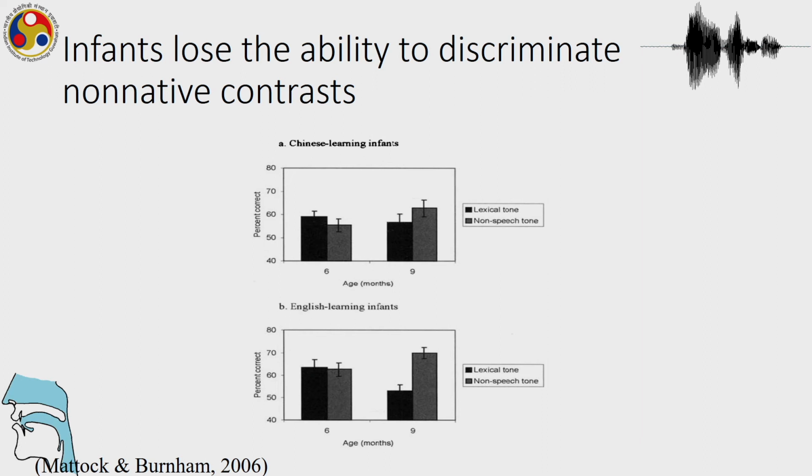But they seem to lose that ability at about 9 months. While the Chinese learning infants maintain the ability to discriminate lexical tones, the English children seem to have lost it at 9 months.